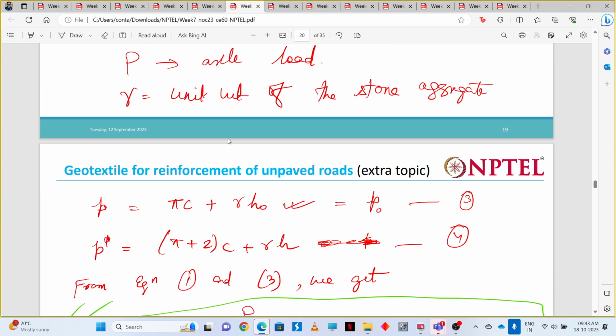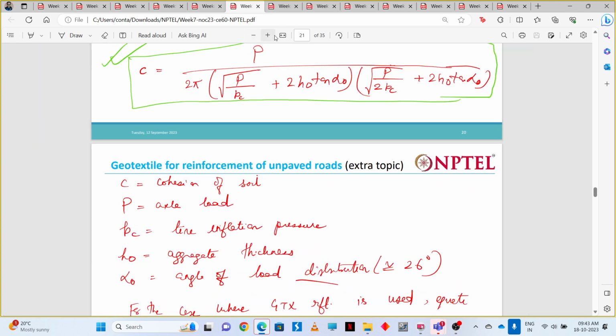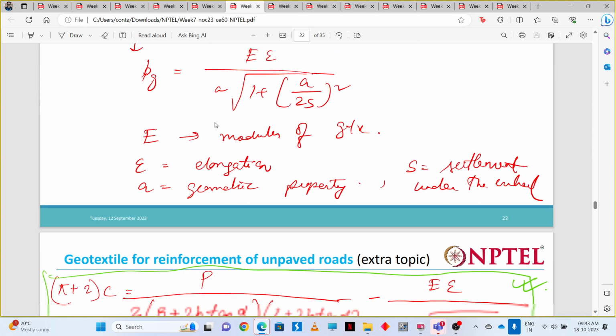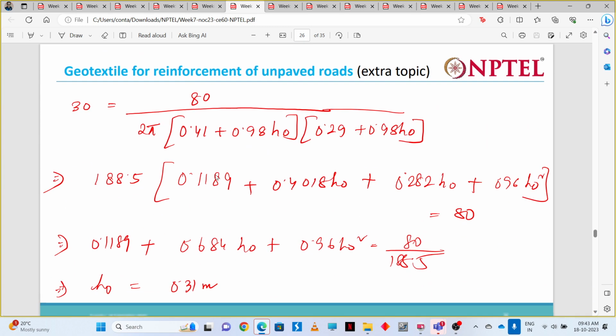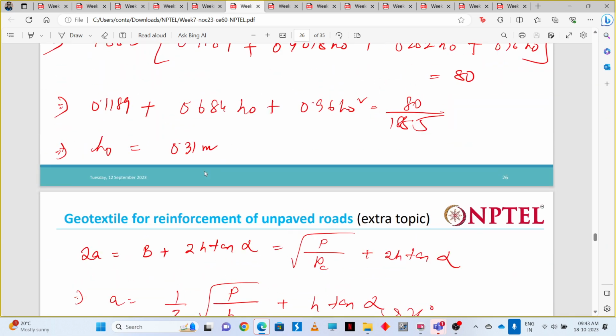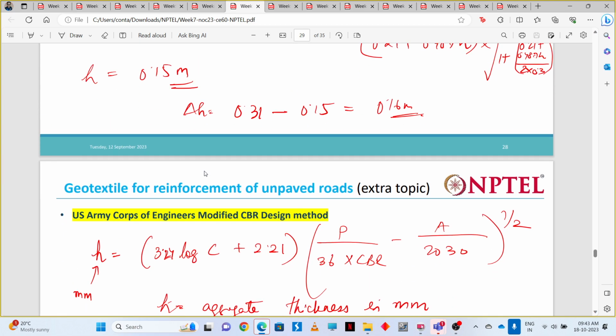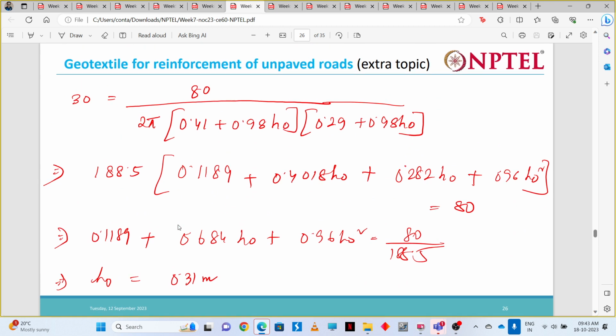We discussed all these things. I won't go into detail. We discussed how to calculate, then we solved a problem. Here you can see that without geogrid, without any reinforcement, we have to provide an aggregate thickness of 0.31 meters.